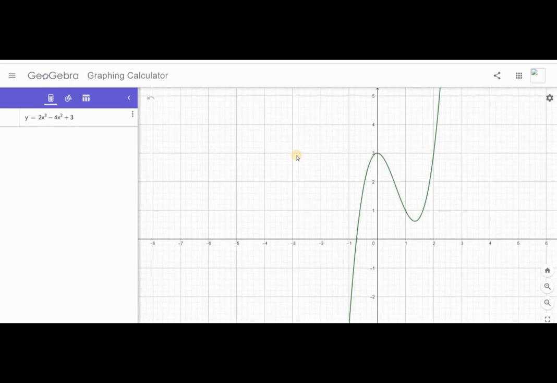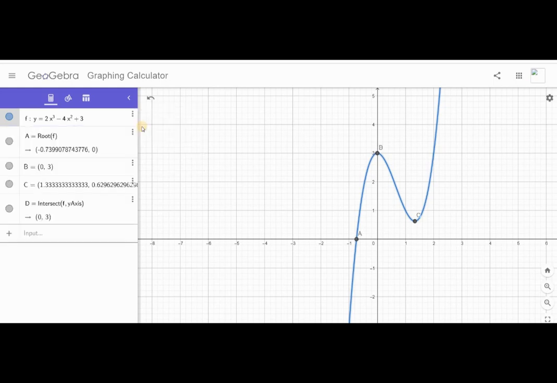Okay, so over here on the right, you can see I've got my graph. And what I want to do is to figure out those zeros. So I come back over here next to my equation, and you see these little 3 dots. I'm going to click on that, and then click Special Points. And then over here on the left, I've got my special point. Now remember, a zero is when your y value is 0.